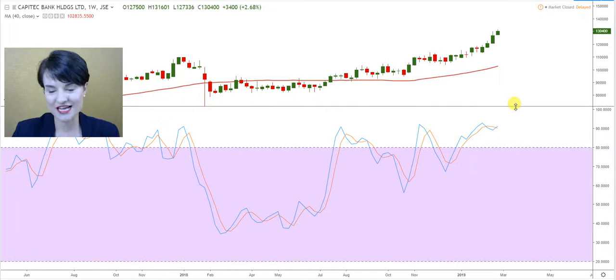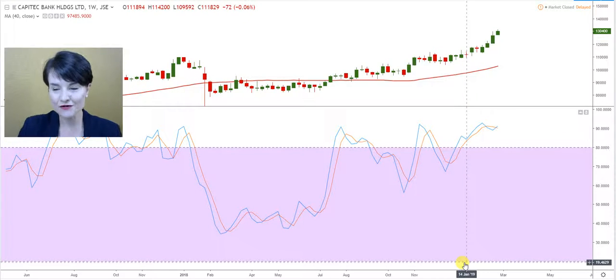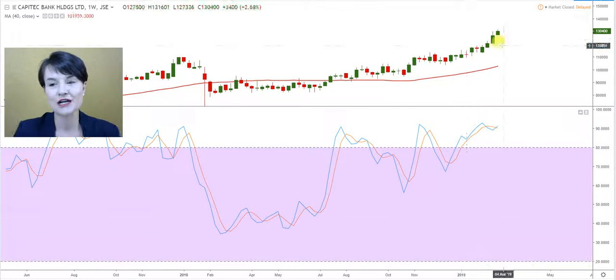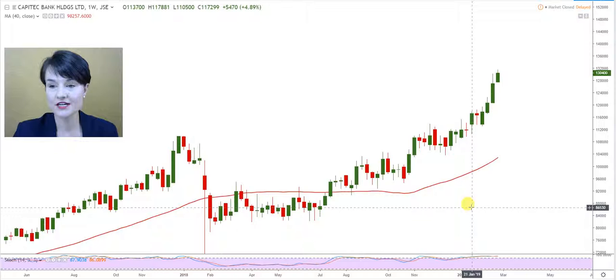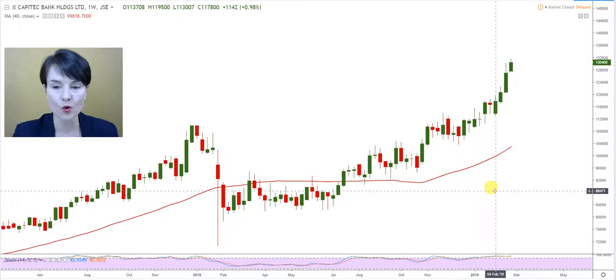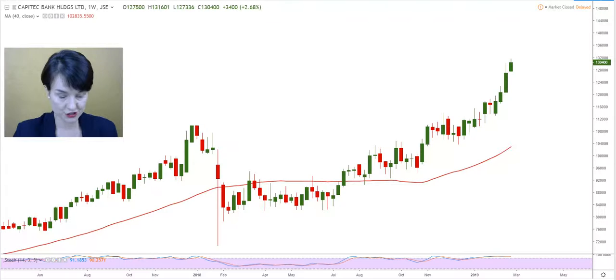So the ideal place to enter a position to buy a share is when this stochastic indicator is below a 20 and especially below a 10, because then there's still a lot of room for this elastic band to move to higher levels. So yes, there are many indicators that traders use to identify overbought or oversold levels. The stochastic is just one of the indicators that you can use.